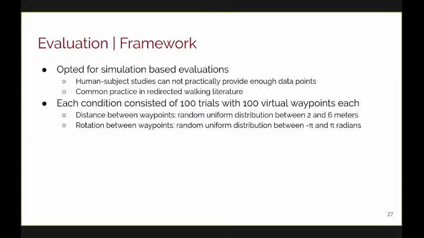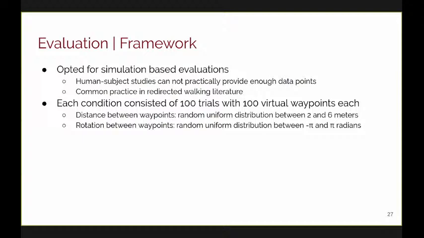Basically, the problem with human subject studies is that we cannot practically provide enough data points. And when comparing algorithms against each other, as long as we're maintaining these perceptual thresholds that have been previously empirically determined, we should be able to get a good evaluation of how one algorithm compares to another.